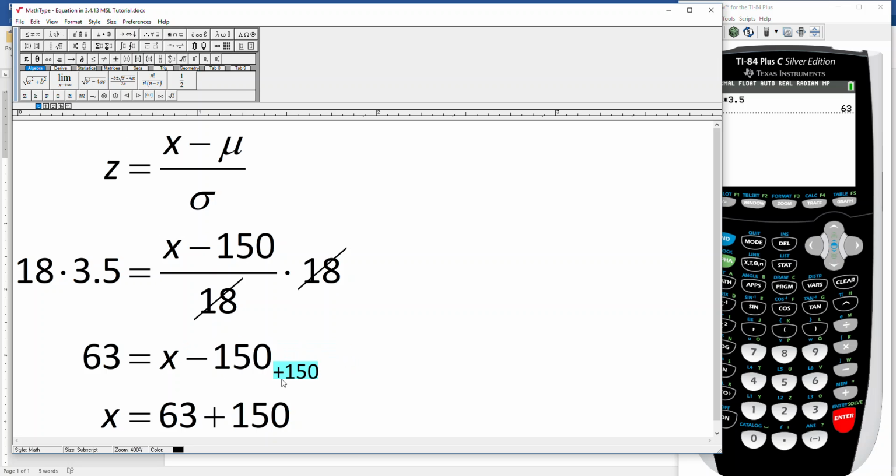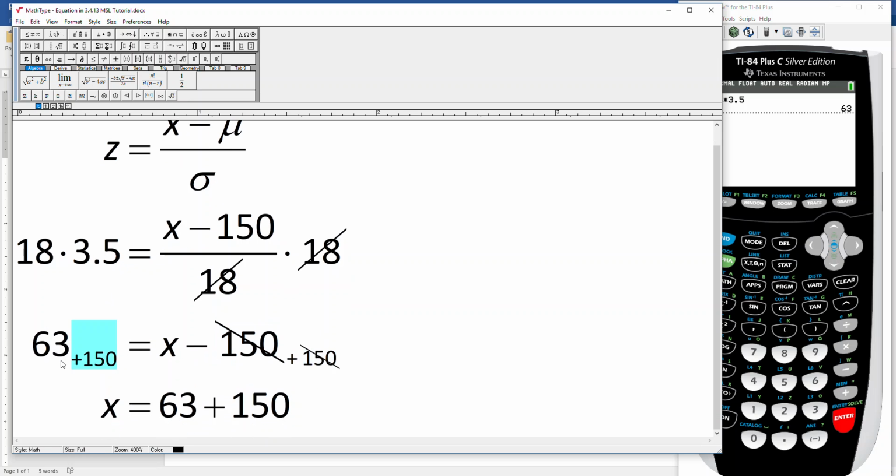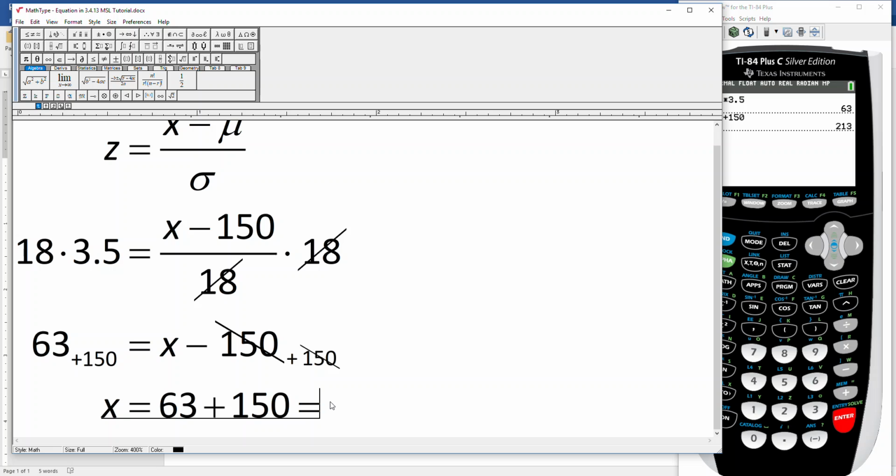I'm doing it to both sides. And then this is going to be 0 because negative 150 plus 150 disappears. So these two go away, and I'm left with 63 plus 150 on the other side. And 63 plus 150 is 213.